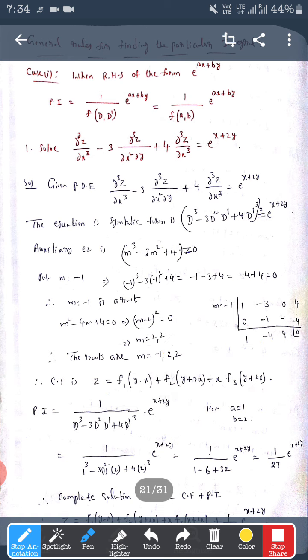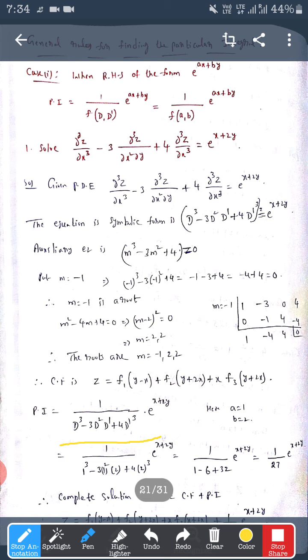Next, coming to the particular integral, we write PI is equal to 1 by the given function f of D comma D dash, as 1 by D cube minus 3 D square D dash plus 4 D dash cube into e power of x plus 2y.